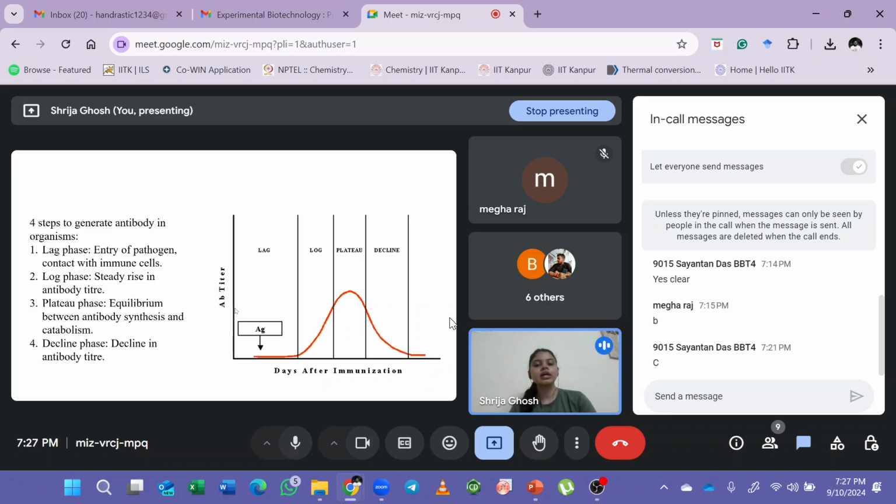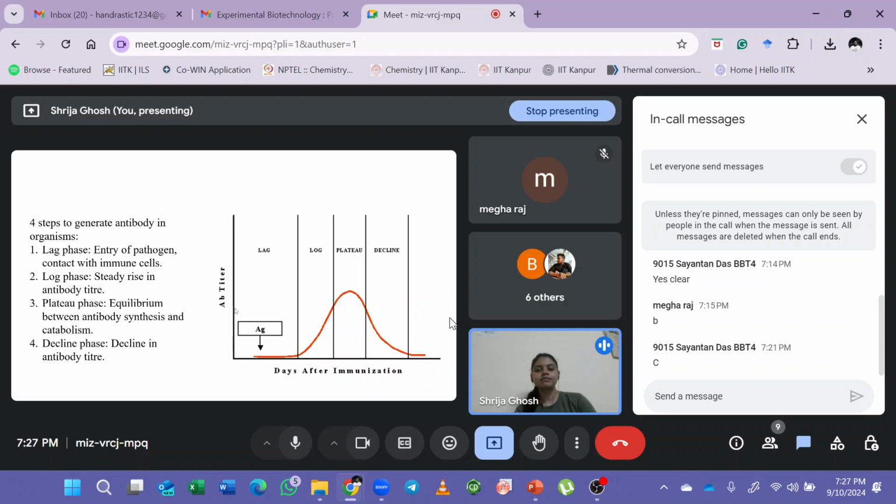So this is the mechanism behind vaccines, the principle behind vaccination, how a vaccine works. This is true for all kinds of vaccines, whether it is polio vaccine, hepatitis vaccine, or COVID vaccine.